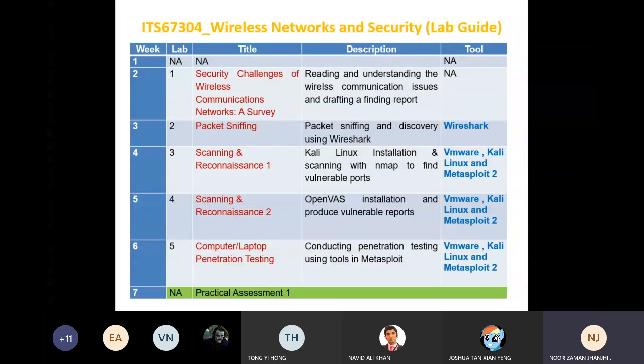You can see the title: the security challenges of wireless communication network, a survey. Normally surveys are a kind of paper which collects information from different sources, from multiple published papers. That's why we chose the security challenges of wireless communication network survey.